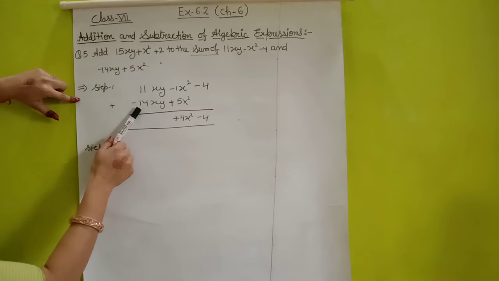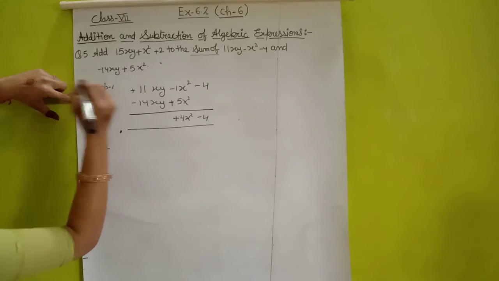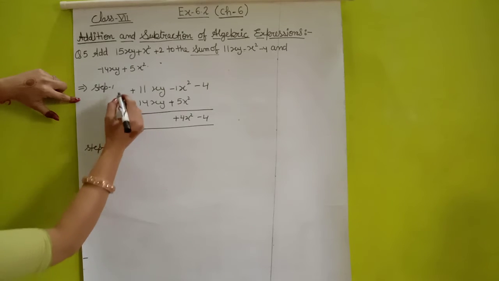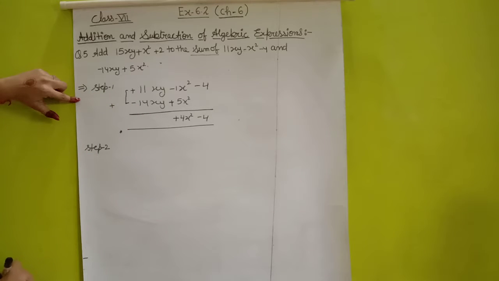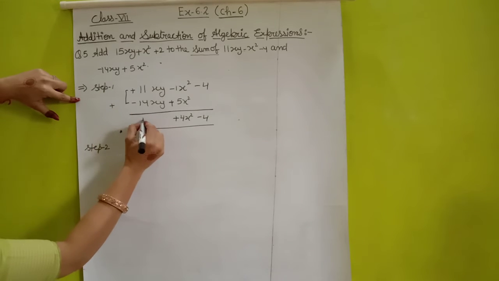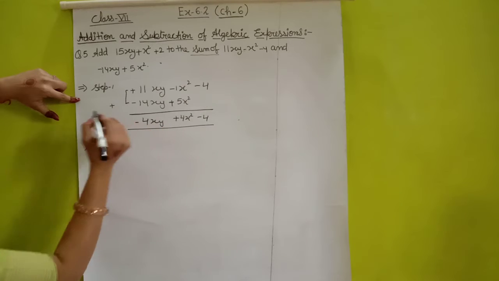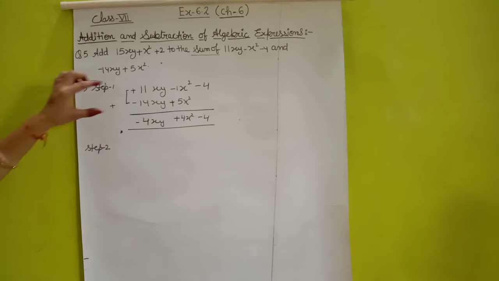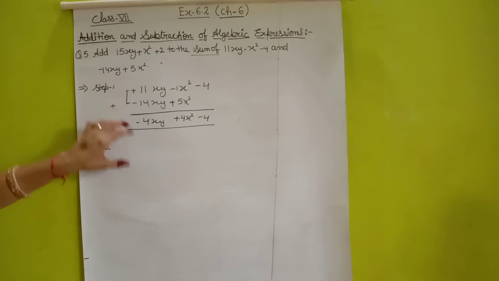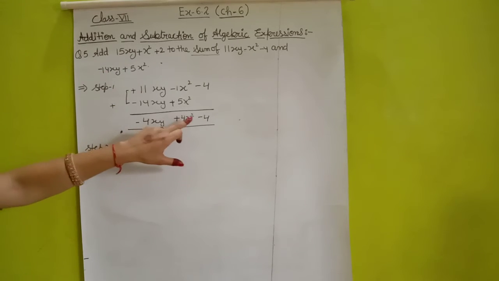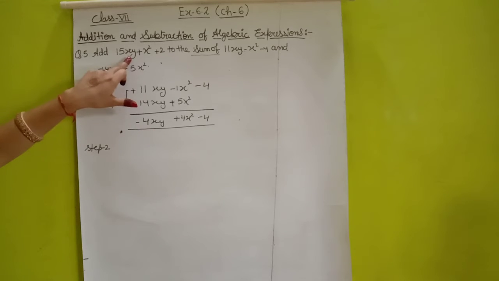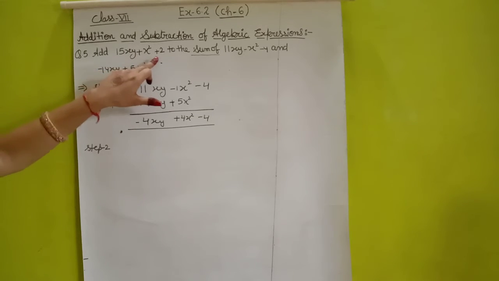Then 11xy minus 14xy. 11xy means plus 11xy, and minus 14xy. Plus minus will be minus. 14 minus 11 gives 4xy with the minus sign, because the greater number has the minus sign. Now the sum of these two terms is minus 4xy plus 4x square minus 4. In step number 2, we are to add this sum to 15xy plus x square plus 2.